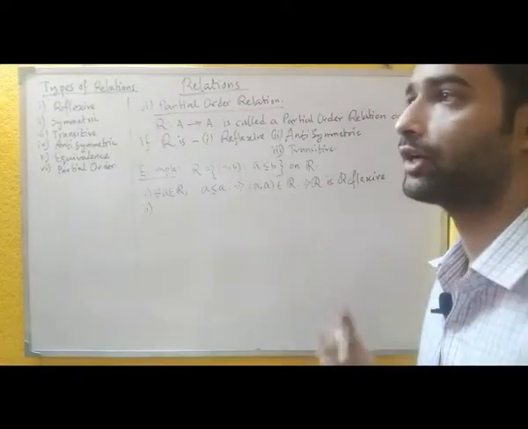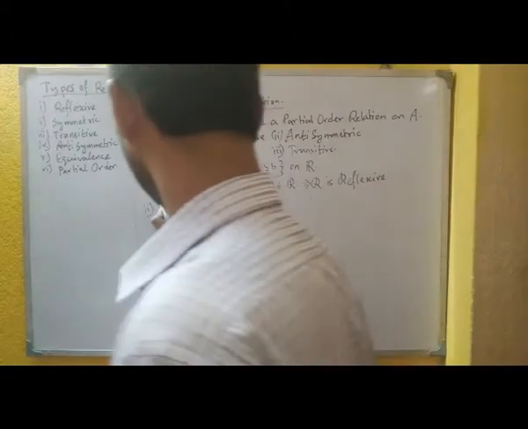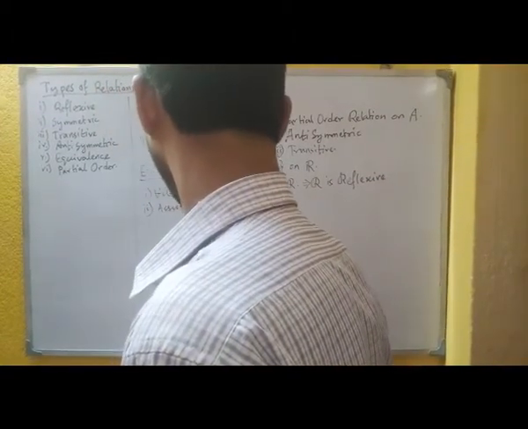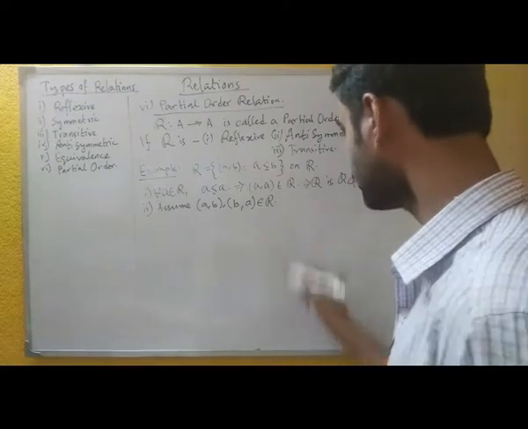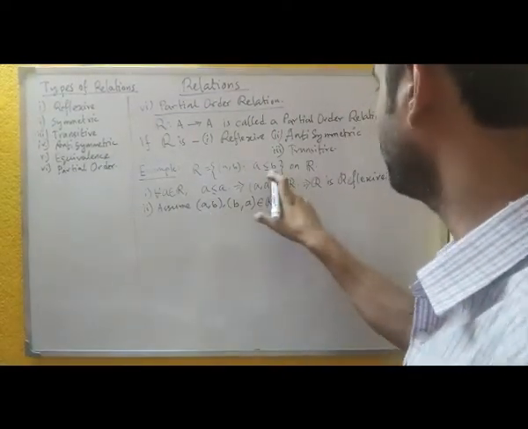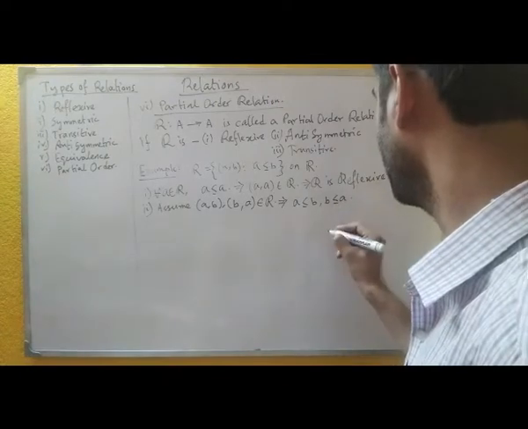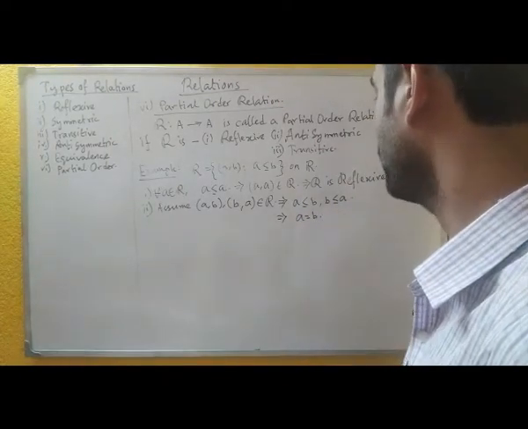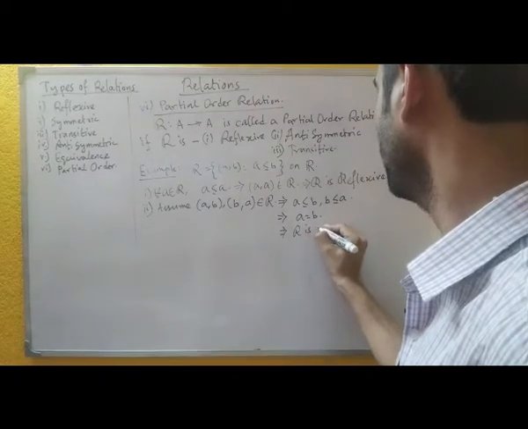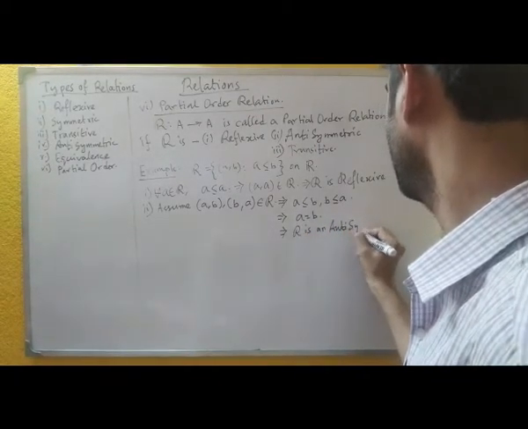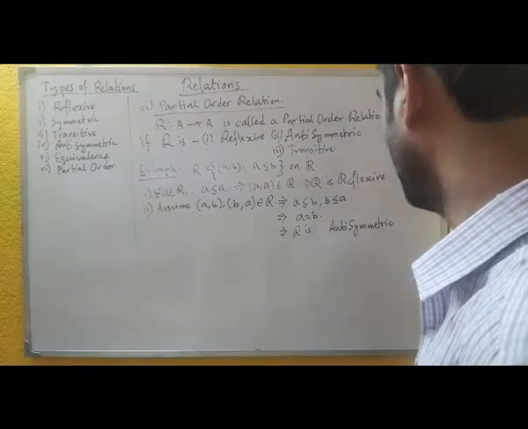It gives that whenever the ordered pairs (A, B) and (B, A) belong to the same set, then we can say A equals B. So let us assume that (A, B) and (B, A) belong to the relation R. That will imply for (A, B), by the defining criteria, A is less than or equal to B, and for (B, A), B is less than or equal to A. So combining these two we can say A is equal to B. So that gives the relation R is an antisymmetric relation. R is antisymmetric.